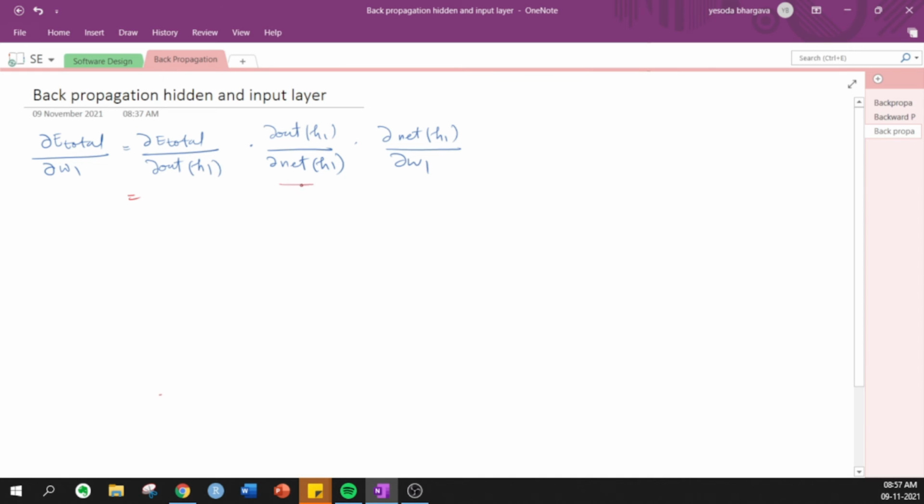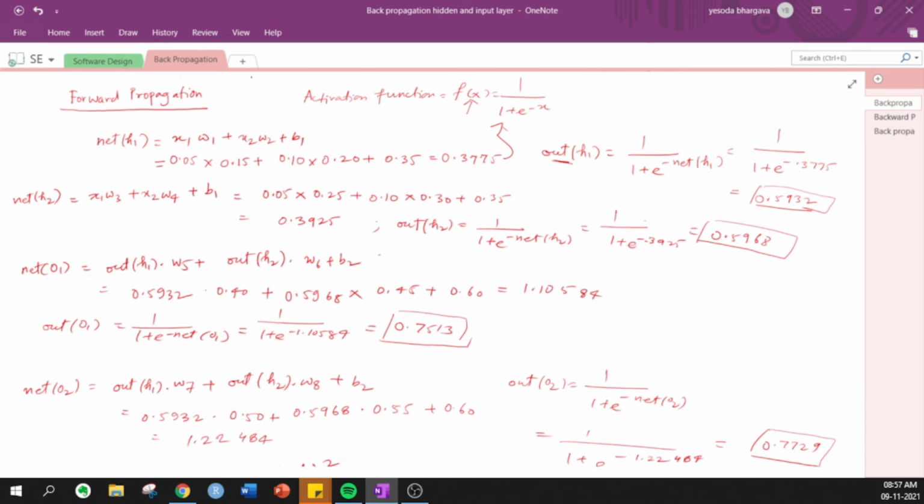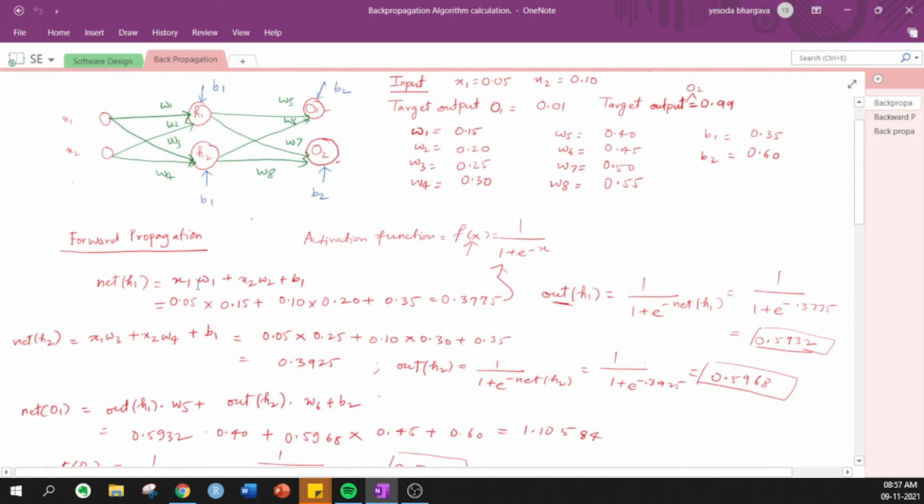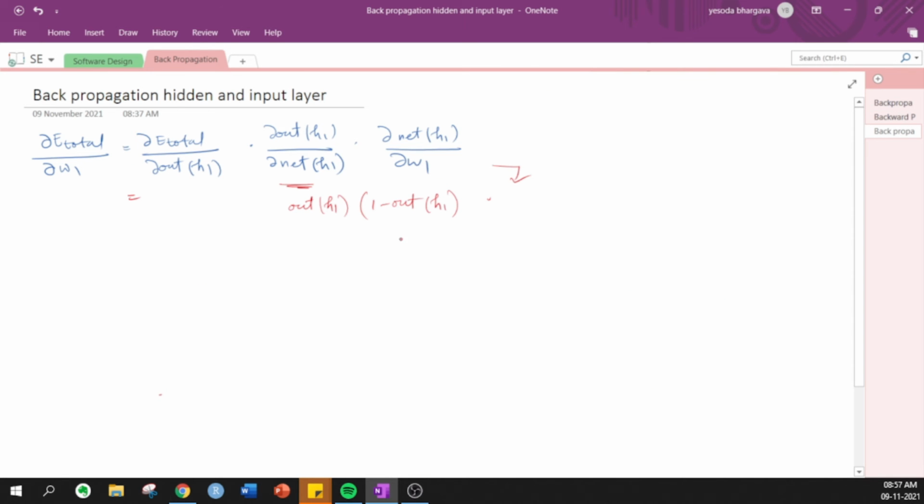So this we already know. This is nothing but output of H1 into 1 minus output of H1. And net H1 with respect to W1 is X1.